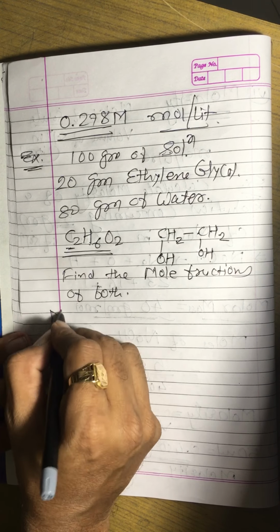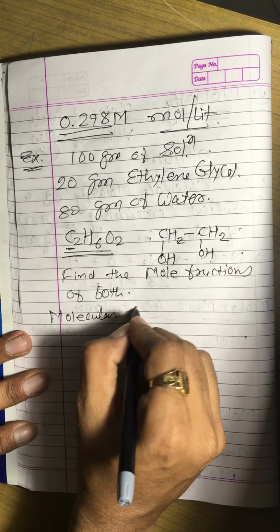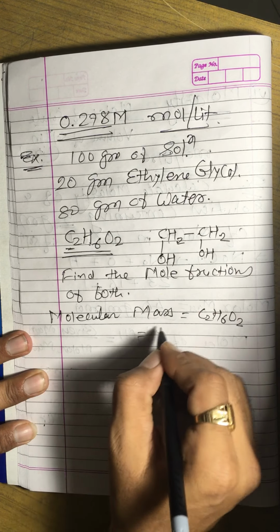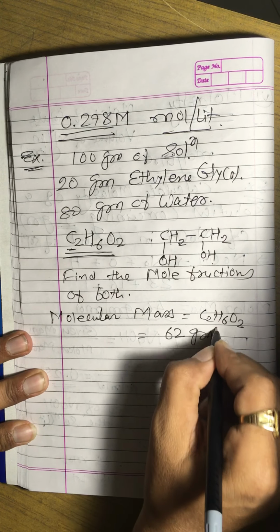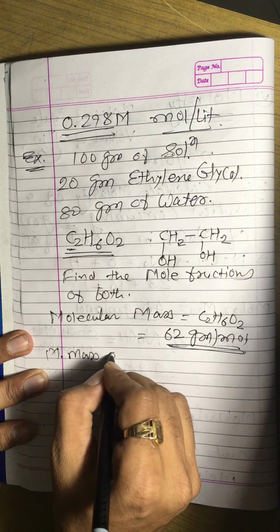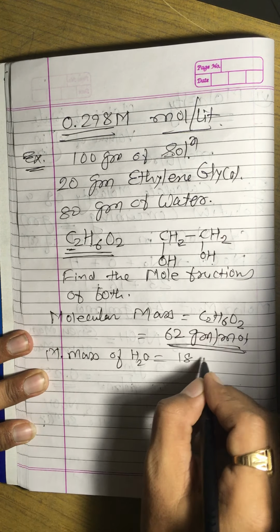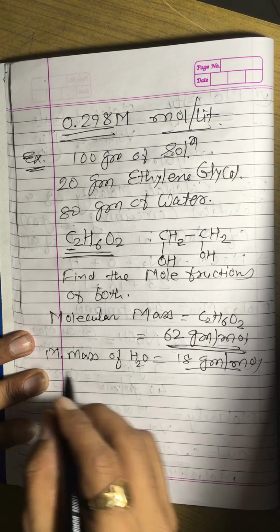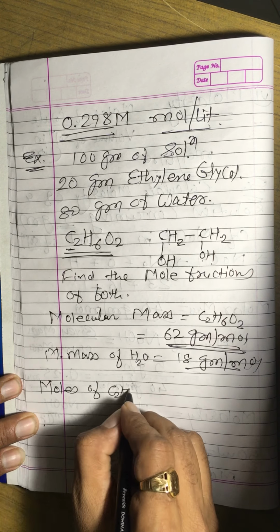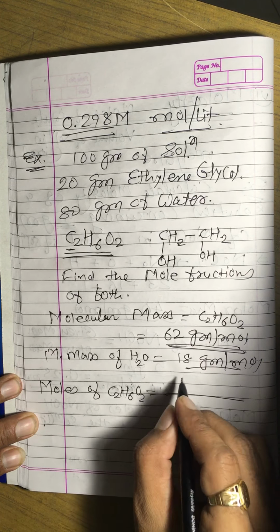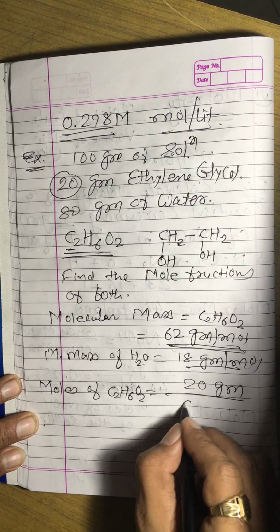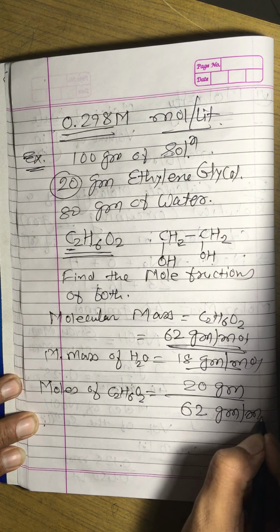So first of all, the molecular mass of C2H6O2, if you calculate, you will get 62 gram per mole. And the molecular mass of water, as you know, is 18 gram per mole. So first, moles of C2H6O2 is equal to given mass, 20 gram, by 62 gram per mole.